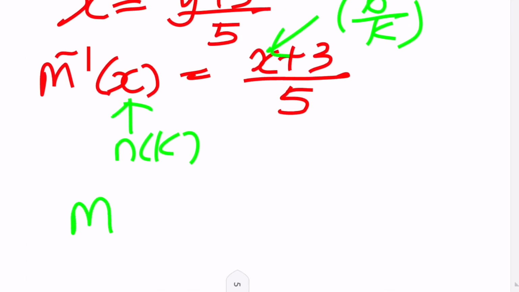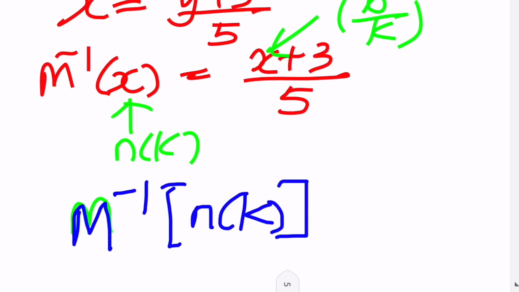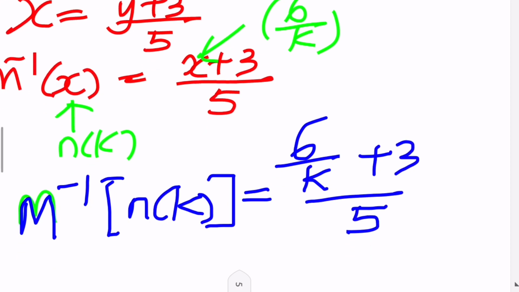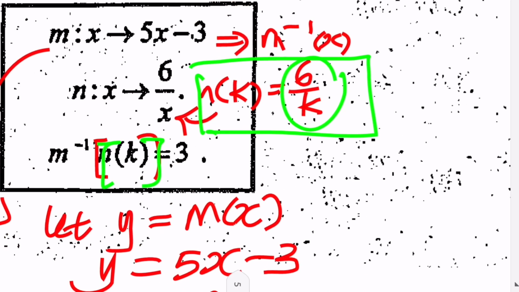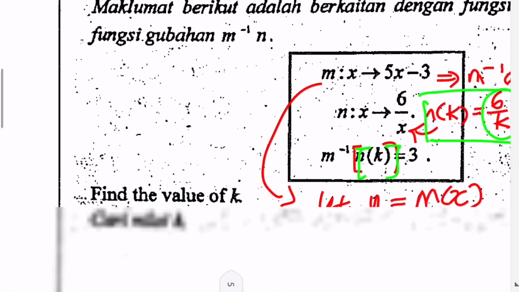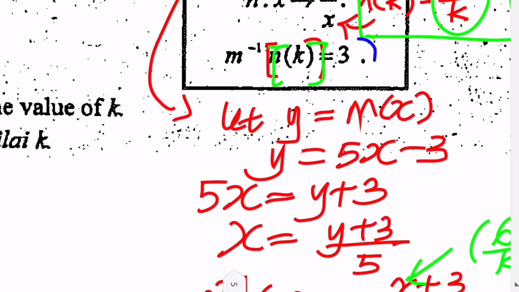So now we will substitute the object, m inverse, the object is n(k), is equal to, okay, (6 over k plus 3) divided by 5.